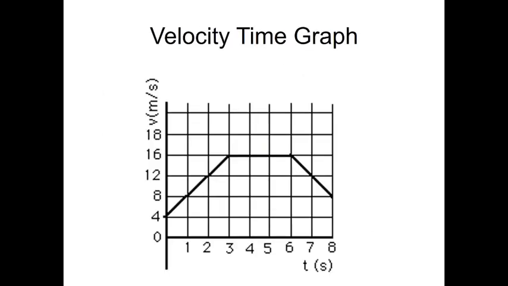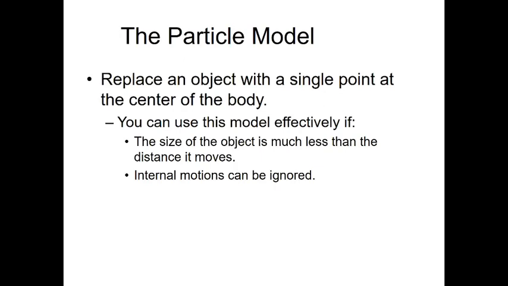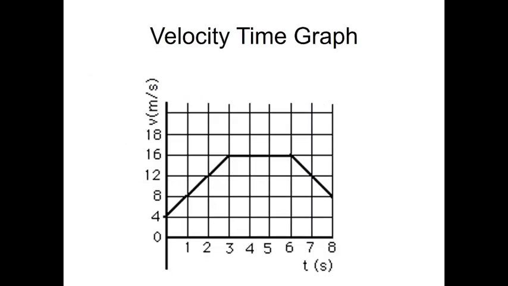All right, so here's a velocity versus time graph. Let's say we want to know the acceleration of this object between time 0 and time 3 seconds. Remember that on a velocity time graph, average acceleration is equal to the slope of the line.